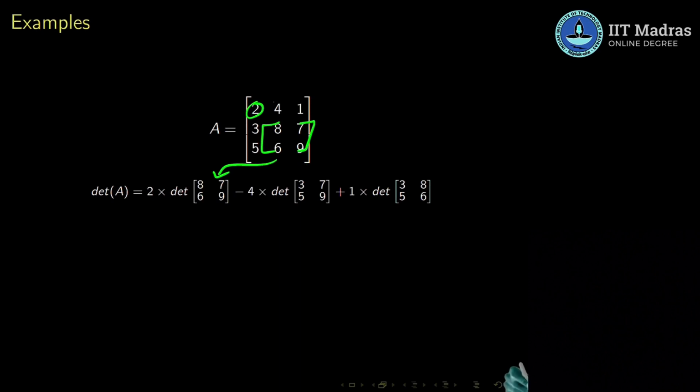Then you look at this 4, which came here, very importantly with a negative sign. You look at 3 5 and 7 9, and that matrix is what comes here.